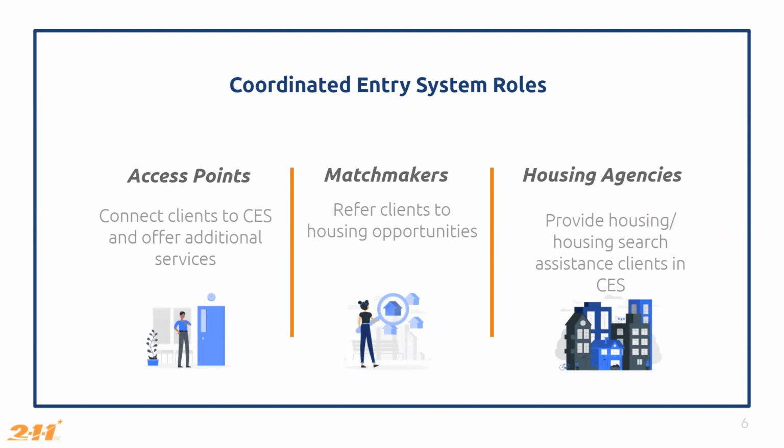And finally, the third role is the housing agencies, which offer housing opportunities and receive referrals to house clients through their projects. HMIS then is used to provide information to each role in order to make the best decisions for your clients and to get them housed in the fastest way possible.